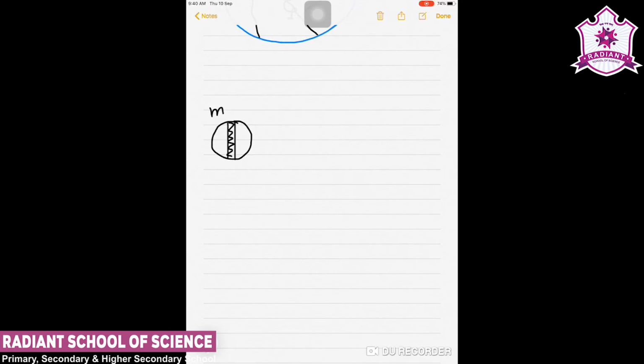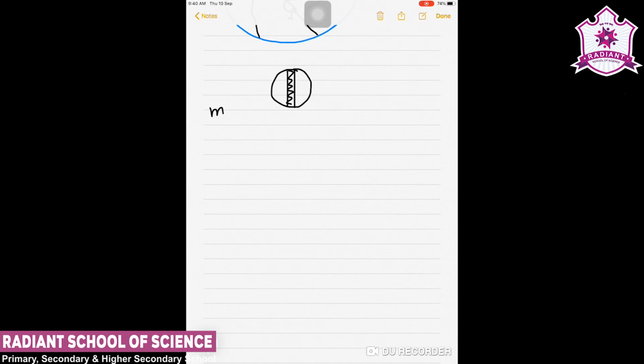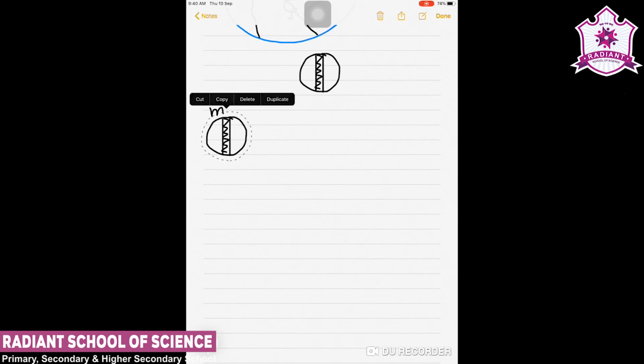Now suppose we raise it up to a height h, and we bring it from here to here. The position was somewhere here, and we brought it to this height.